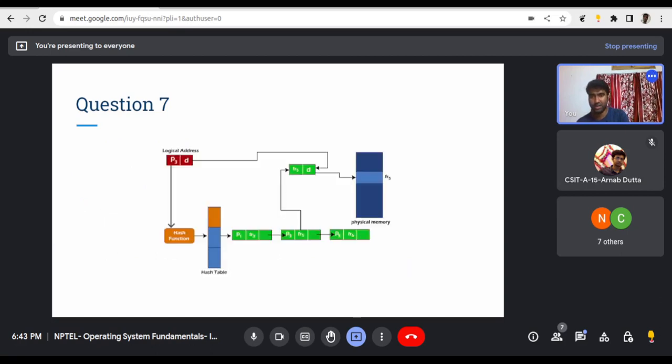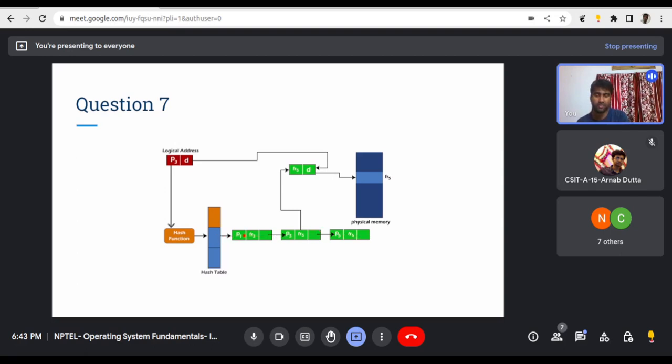So yeah, let's get to the idea of the hashed page table and how linked lists are actually used. What happens is that if a hash function maps multiple pages to a single location in the hashed page table, then for each of the pages mapped into that single location, a linked list is created.